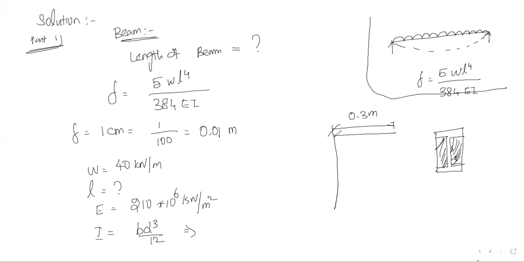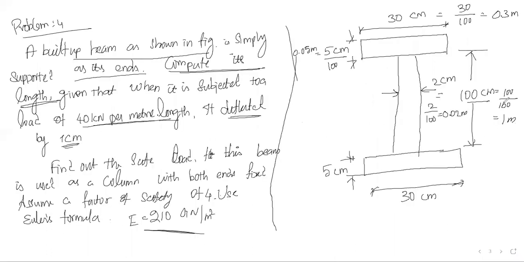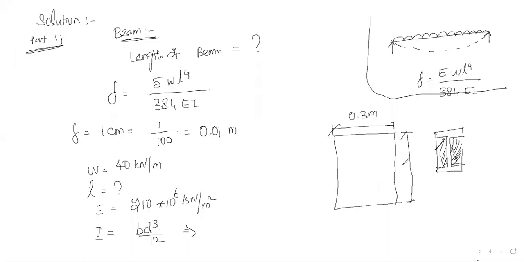For the entire section it is 100 plus 5 plus 5, so 1 plus 0.05 into 2, which is equal to 1.1 meters.